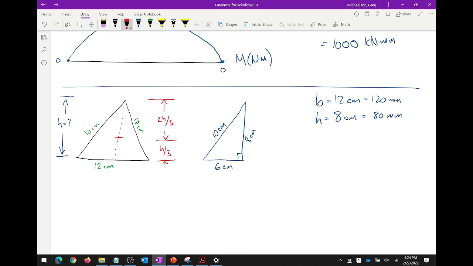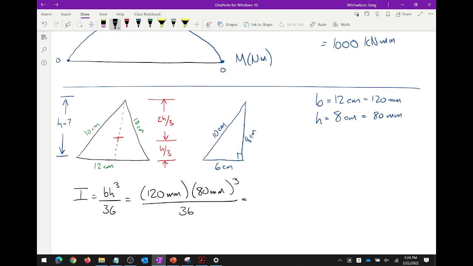All right? So, what do we need? We need the moment of inertia. Again, it's going to be big. It's a big number because we're taking millimeters to the fourth.